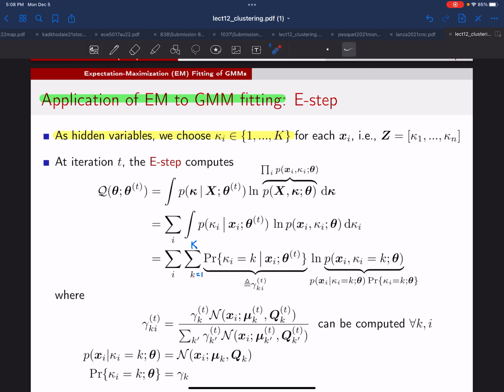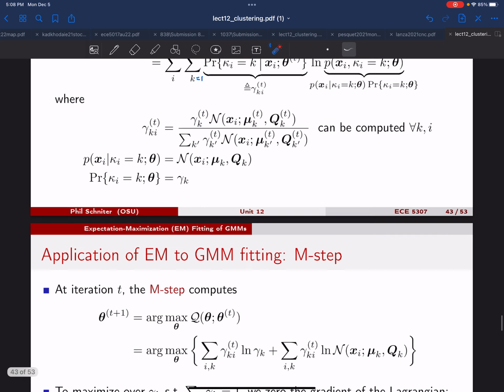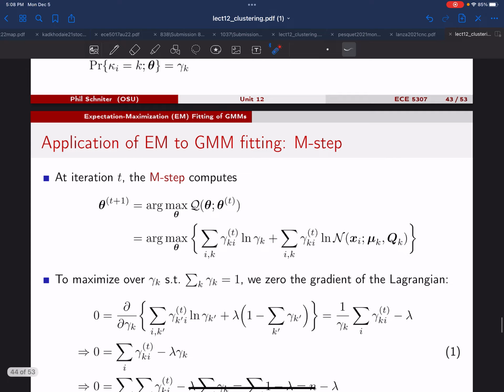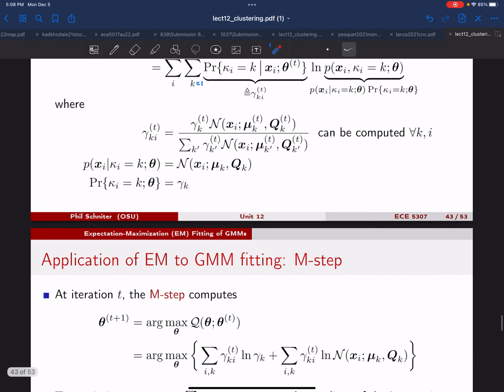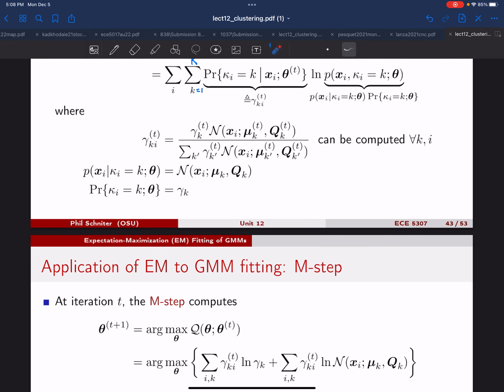Okay, so finally, this gives us our Q function. Let's take a look at exactly what it looks like. Down here, these are just going to be numbers, values we've computed. We can write the log of this product as the log of the first plus the log of the second.